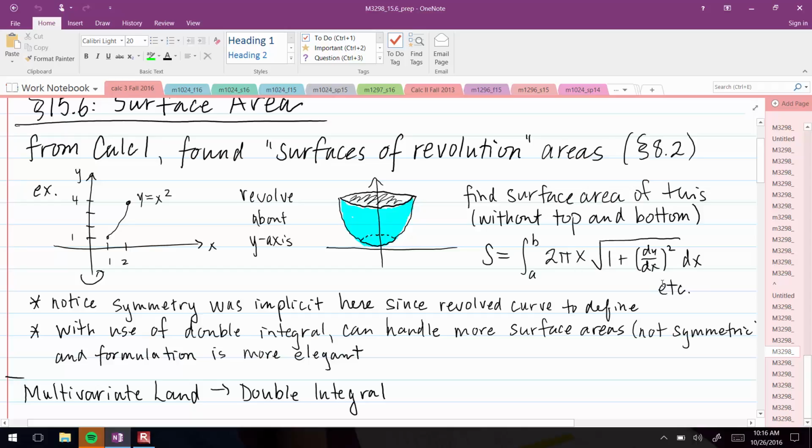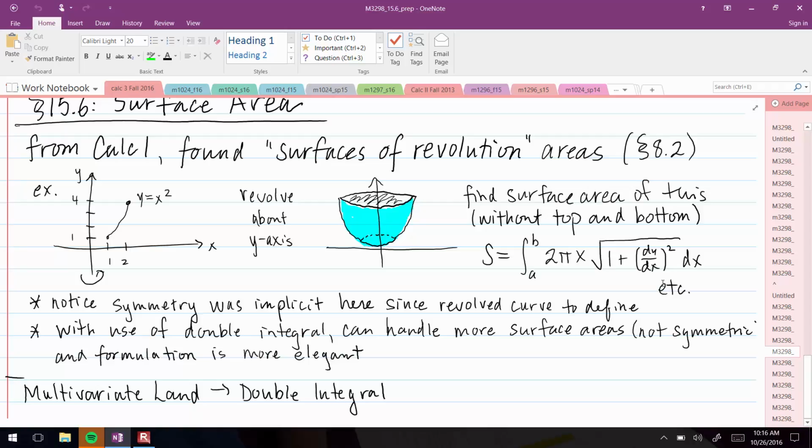But you've had some experience with areas. So one thing to notice here is that because we're revolving that curve, we don't actually have that third dimension at our full disposal; this is kind of a contrived thing. We have automatic symmetry there about the revolution axis, right? So with multivariate, it's really nice. We're going to be able to handle the surface area of shapes or 3D figures that can be more complicated.